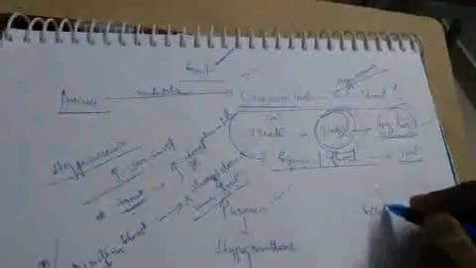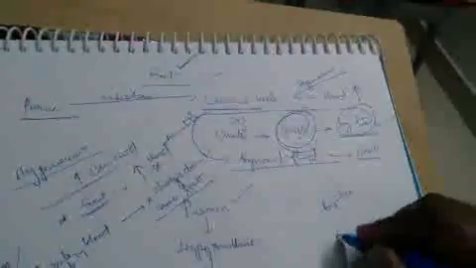Accumulation of this excess uric acid in the joints or tissues is called gout. Especially in gout, the symptoms appear at the big toe and the external ear.